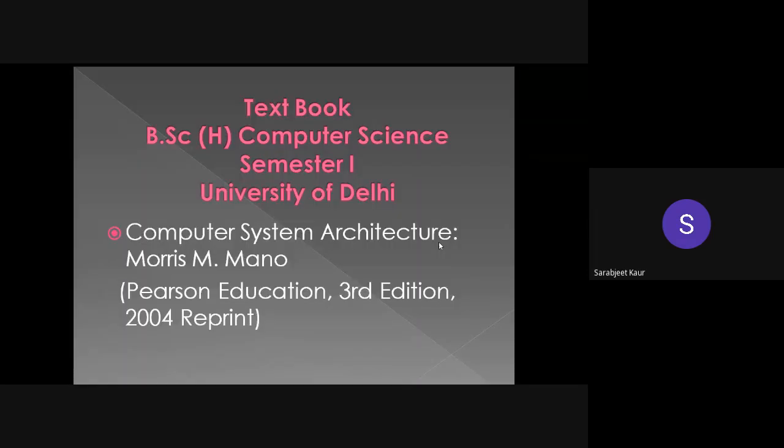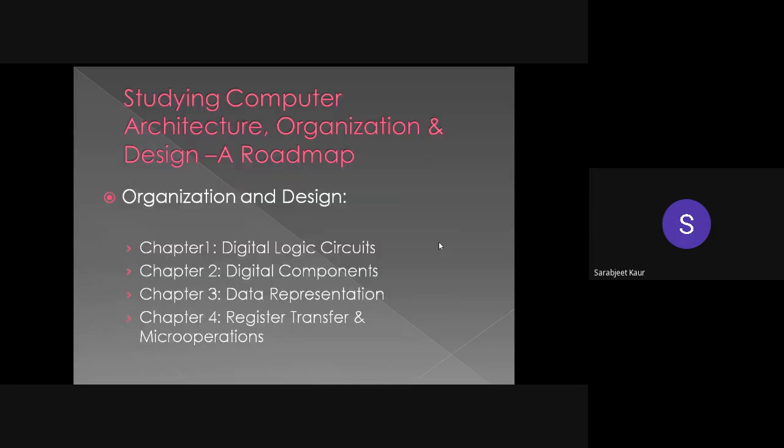So we'll be following this textbook that I already told you about, Computer System Architecture by M. Morris Mano, the publisher is Pearson Education, third edition, 2004 reprint, that is prescribed in your guidelines. There are different chapters in this book which correspond to each of these topics that we have discussed.